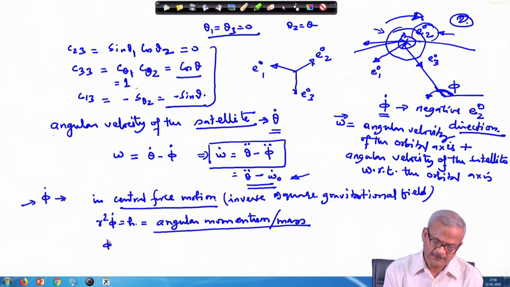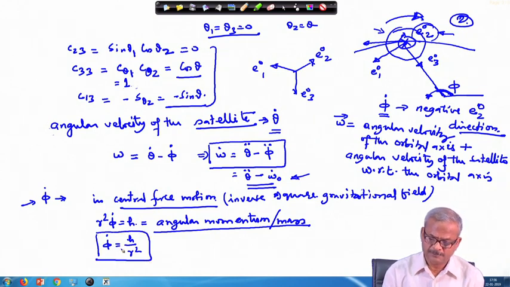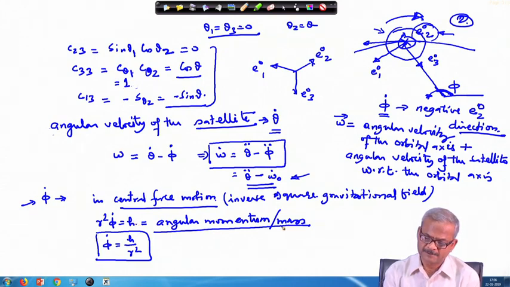So phi dot at any instant is related by this expression, where h is the angular momentum per unit mass.